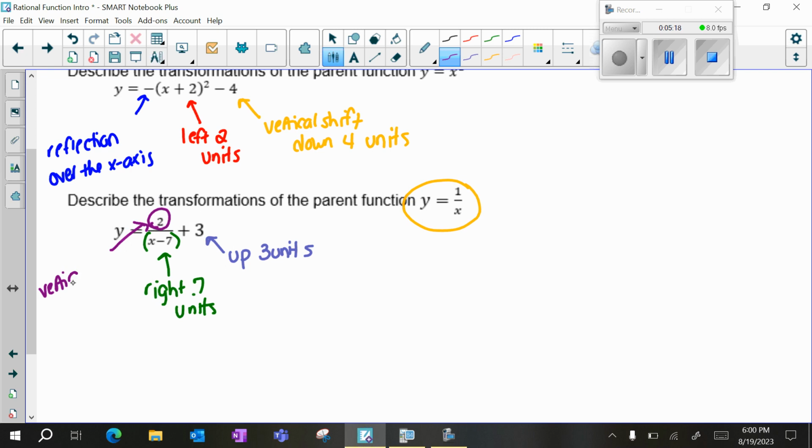So it has a vertical stretch of 2. Because this really could be rewritten as y equals 2 times (1 over x minus 7) plus 3. And it might be easier to see that way as a vertical stretch. So there are my 3 transformations.